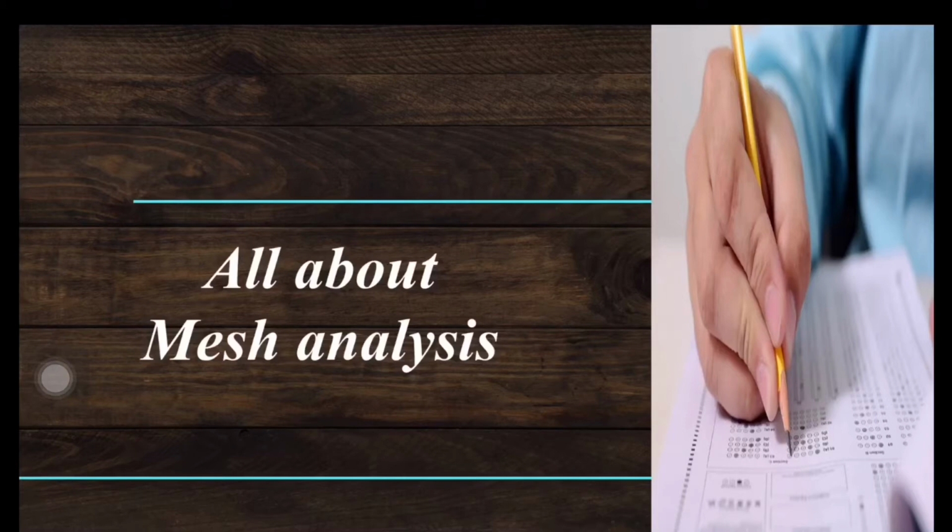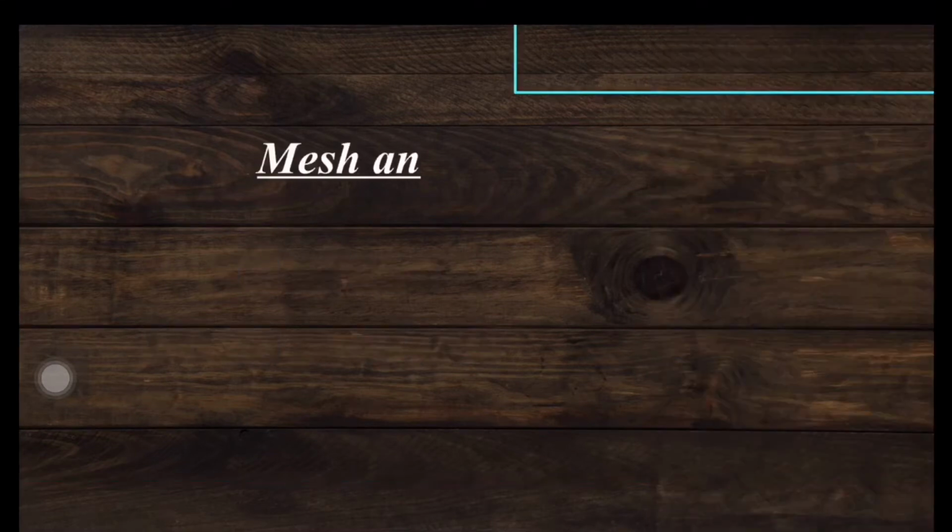Mesh analysis. It's nothing but a circuit analysis technique based on Kirchhoff's voltage law, KVL, which helps us to find the solution of a network. In fact, there is one more technique, nodal analysis based on KCL. The suitability of mesh analysis or nodal analysis to a particular network depends mainly on the number of voltage sources and current sources present in that network.